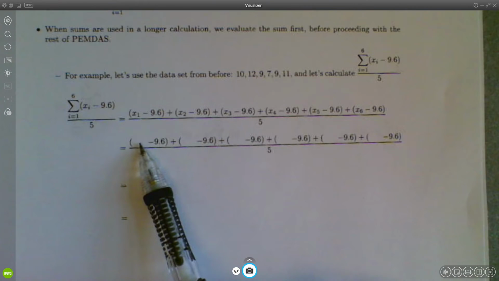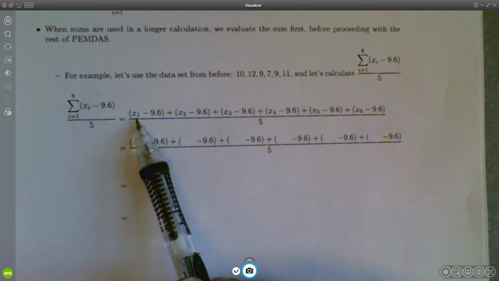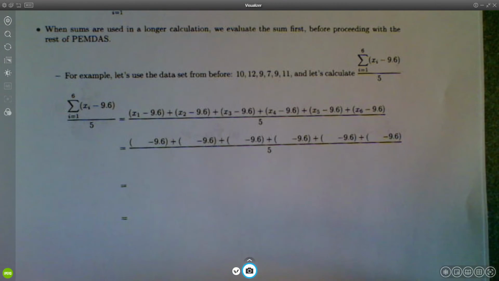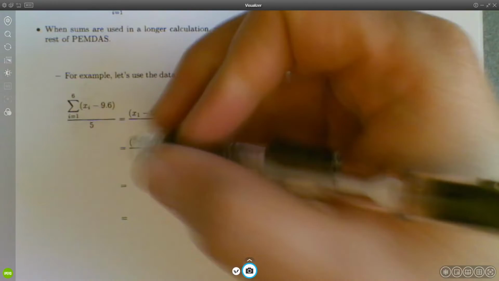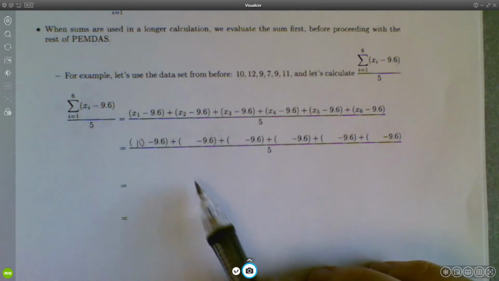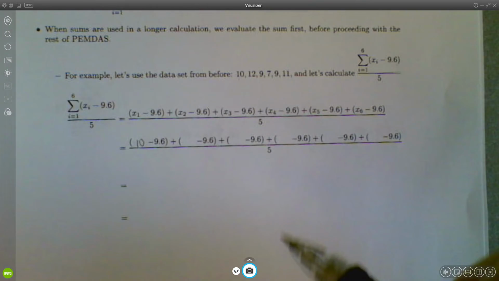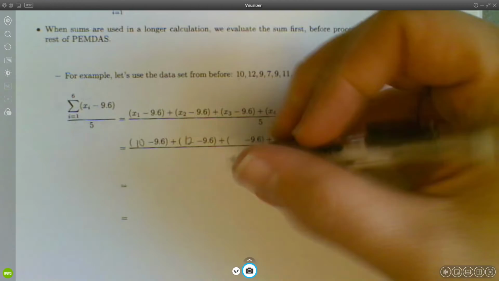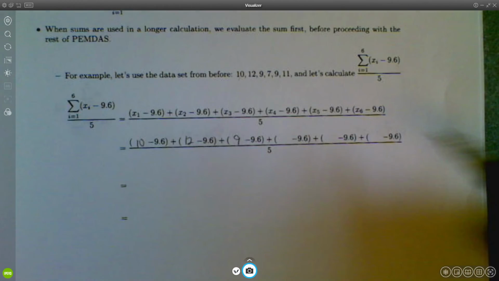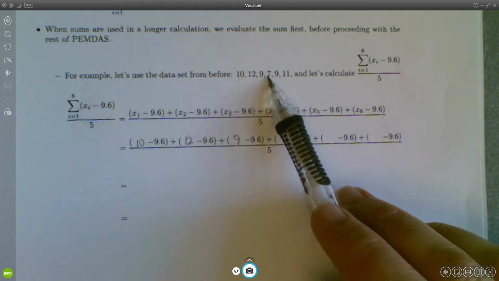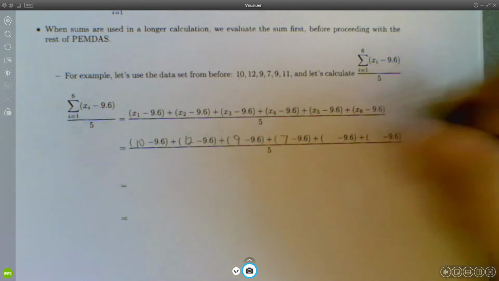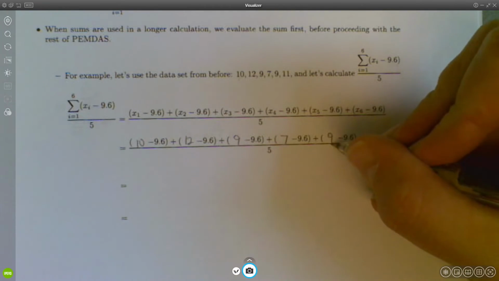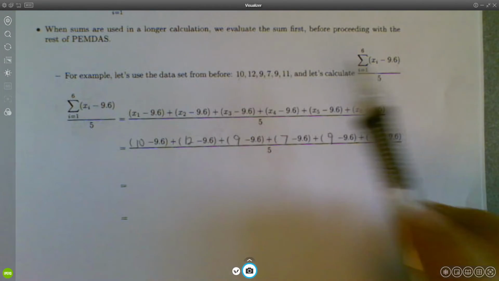Okay, well, so now we can replace the x's with their corresponding values from the data set. x1 should be 10. x2 should be 12. x3 should be 9. x4 should be 7. x5 should be 9. And x6 should be 11.